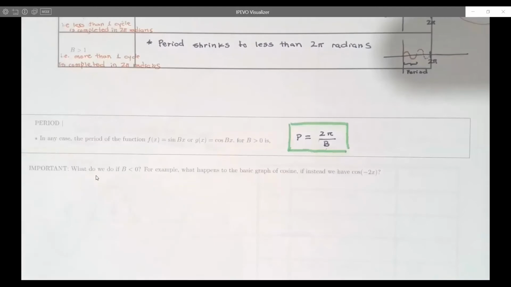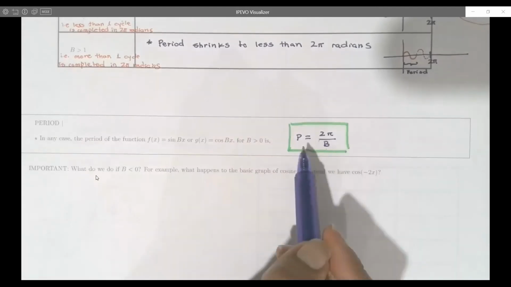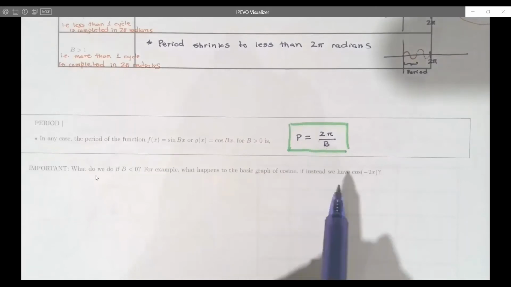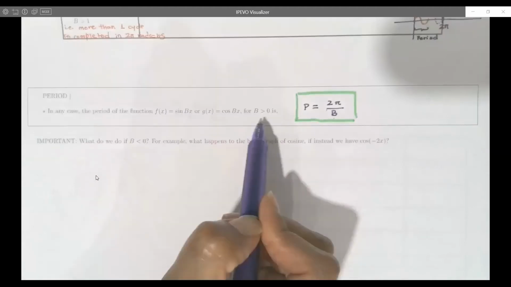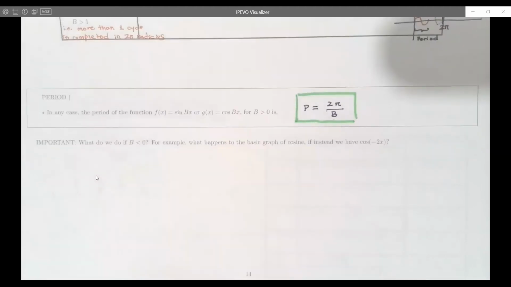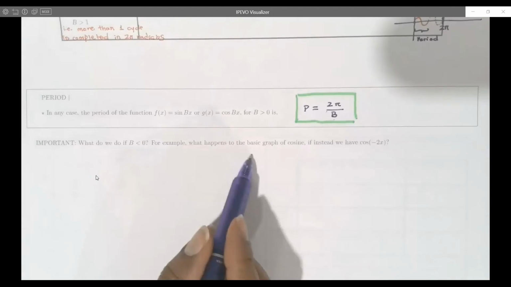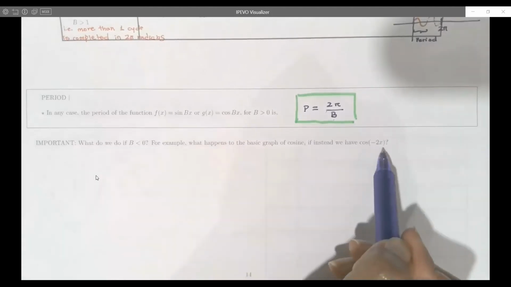I encourage you to also think about it on your own: why is it true that the period is given by 2 pi over b? And notice that we are making a restriction on what b can be. It has to be positive. So what needs to happen if b is negative? For example, what happens if we have cosine of negative 2x?